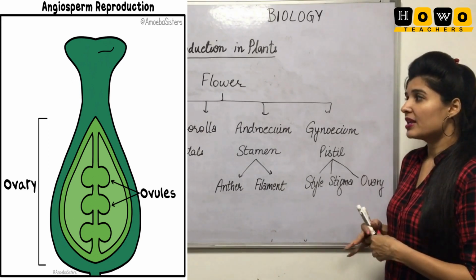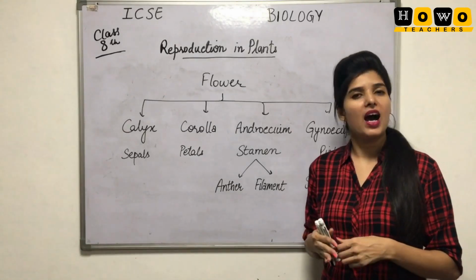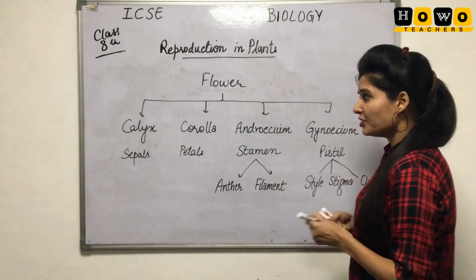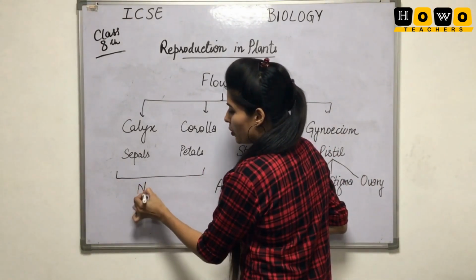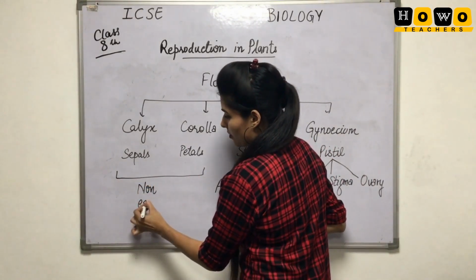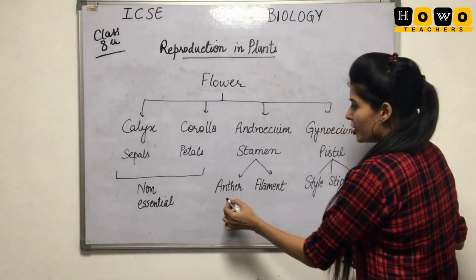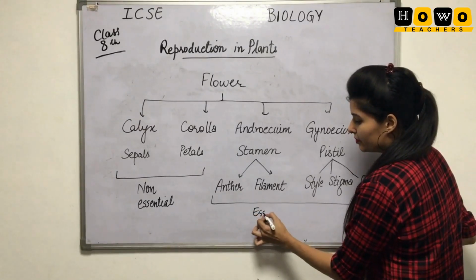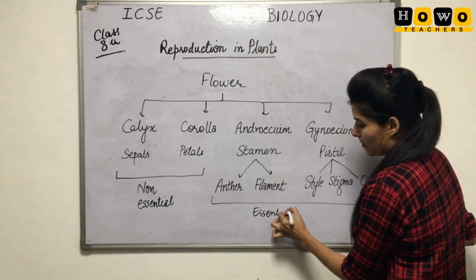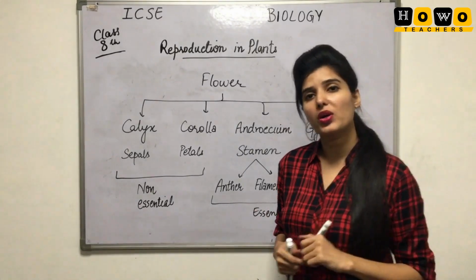So students, the four whorls that are present in a plant are not equal. The first two whorls are known as non-essential whorls, and the last two whorls are known as essential whorls. But why non-essential and essential whorls?